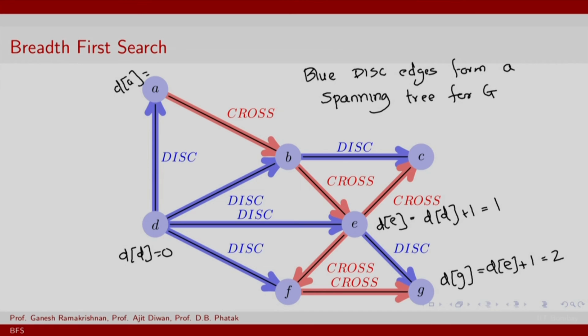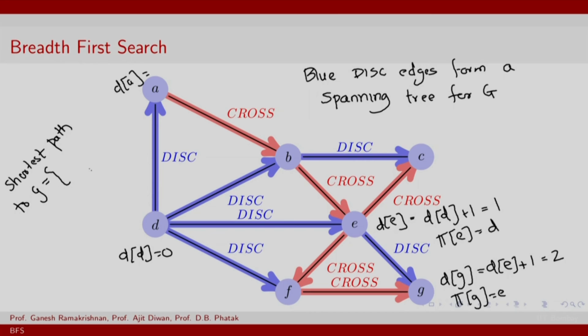Thus we note how BFS helps you find the shortest path to any node in the graph from the source vertex, that is D. And in fact you can find the shortest path as well. So what is the shortest path to G? Well, the shortest path to G can be obtained by looking at the ancestor. The pi of G is E, the pi of E is D, and D does not have any parent.